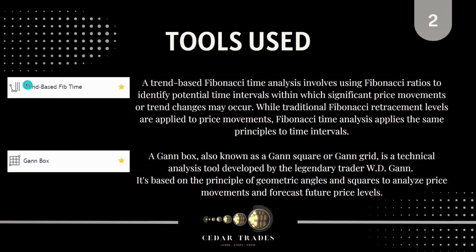So in TradingView, we're gonna be using the trend-based Fib time, and the trend-based Fib time is a trend-based Fibonacci time analysis that involves using Fibonacci ratios to identify potential time reversals within each significant price movement or trend changes that may occur.